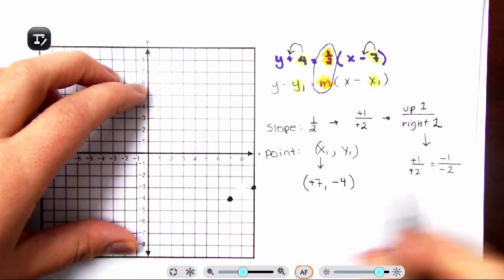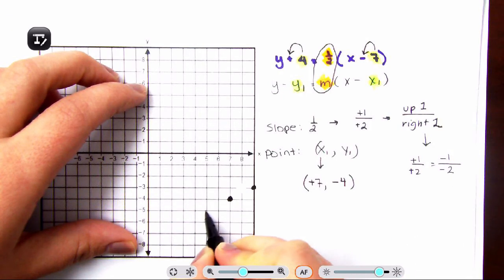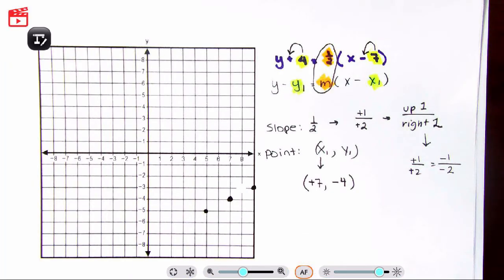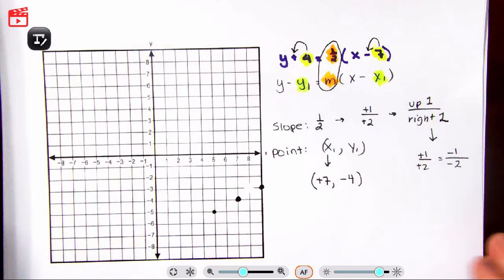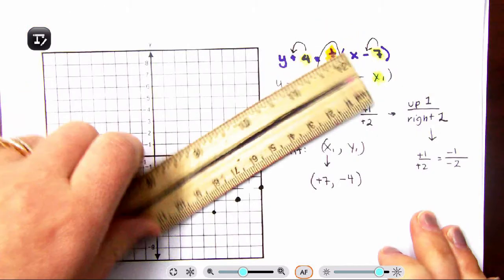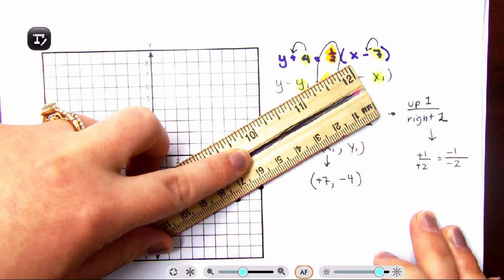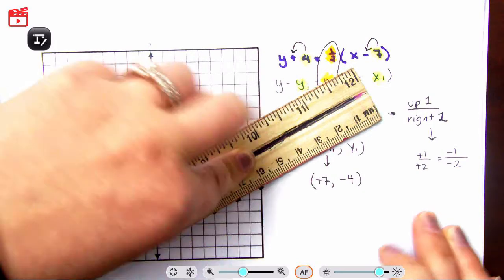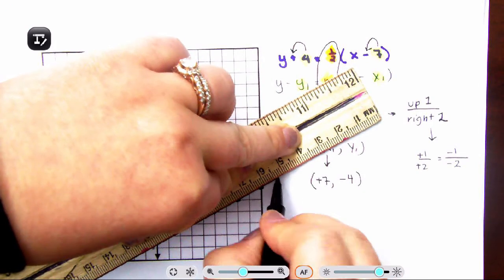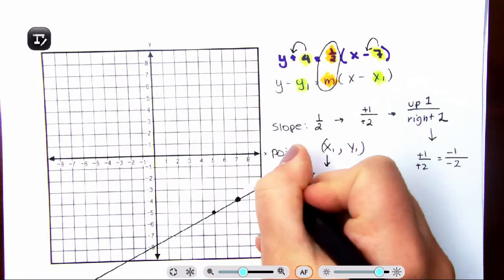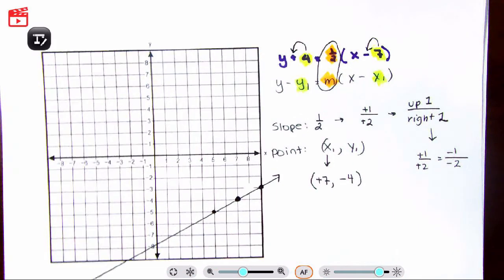So that means I go down 1 over 2 to the left, and I can continue making points. However, you only need 2 points to make a line. So if we had these 2 originally, that would be fine. If you want to do more, you can do more. Make sure your line is extended and that you have arrows on both sides.